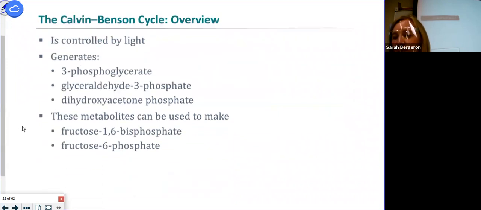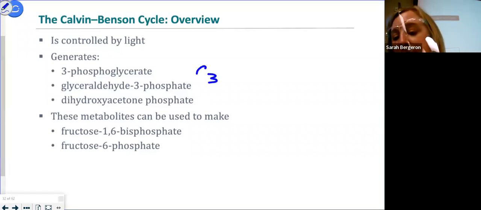Okay. So even though we call it the dark cycle, it is controlled by the amount of light the plant gets. If the plant's getting light, Calvin cycle will go. Plant's not getting light, no Calvin cycle. So the products of the Calvin cycle, we said were 3-carbon sugars, right?